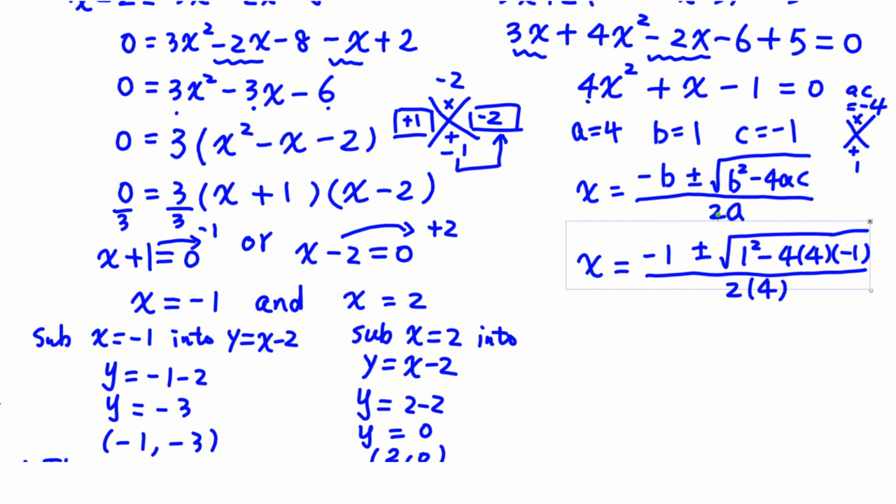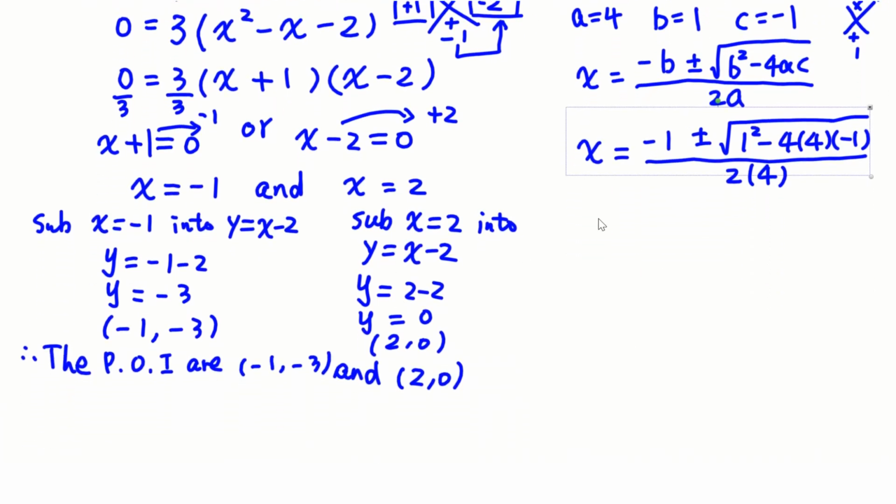Then continue, simplify it, you will have x equals -1 plus minus square root of 1 minus 4 times 4 times -1, which is -16. So 1 minus -16 gives you 17. Then all over 8. Then get your calculator out to find out what x plus and x minus equal. So for x plus, you take the plus sign.